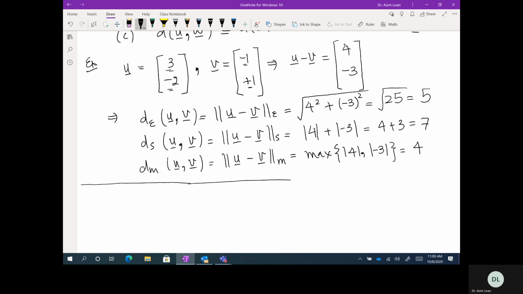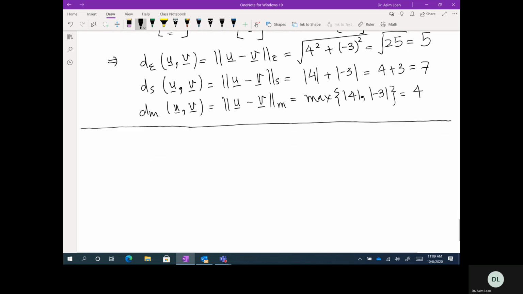Okay, so let me define an orthogonal subspace before I end today's lecture, and then we'll start with the fundamental theorem of linear algebra. So let's define what is an orthogonal. Given this background, what are orthogonal subspaces?